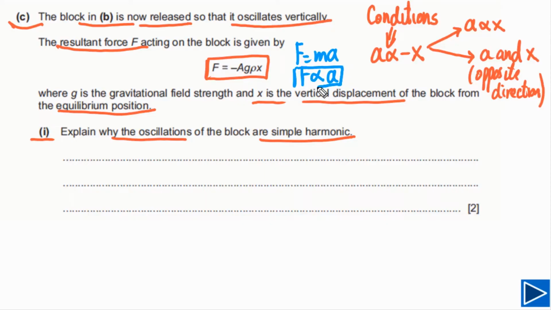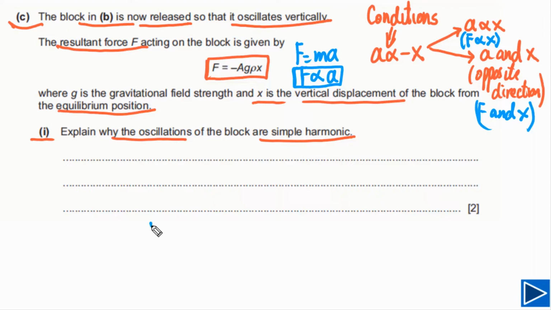In this case, mass of the block is constant, so we can also say that F is directly proportional to x, and if direction of F and x is in opposite direction, mean when x is positive, F has to be negative, and when F is negative, x has to be positive. If these oscillations fulfill these conditions, then we can say these oscillations are simple harmonic.